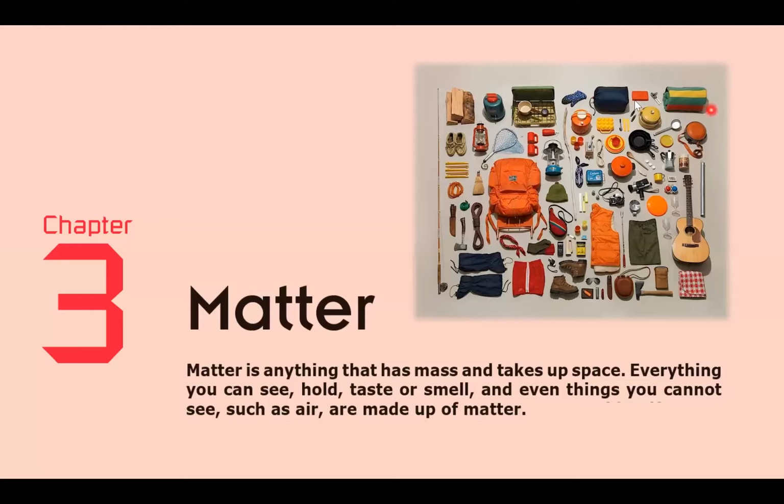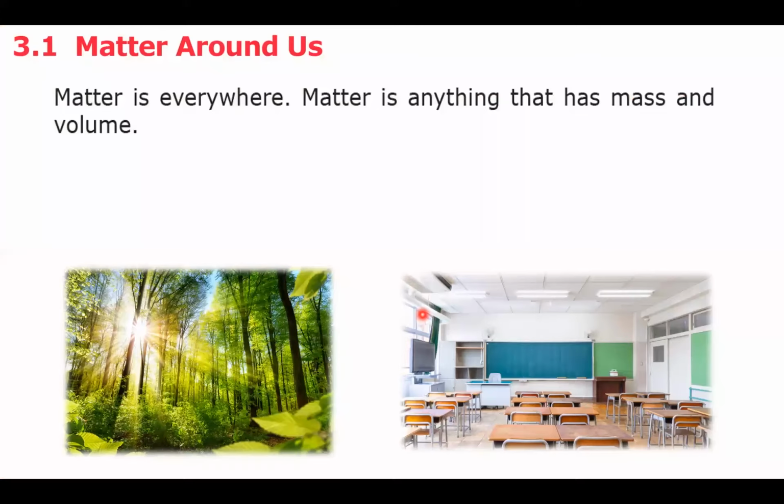So you can see here in this picture, these are examples of matter. There are a lot of things in this world that we call matter. Matter is everywhere. So you can say that almost everything in this world is what we call matter. So any object is basically a type of matter.